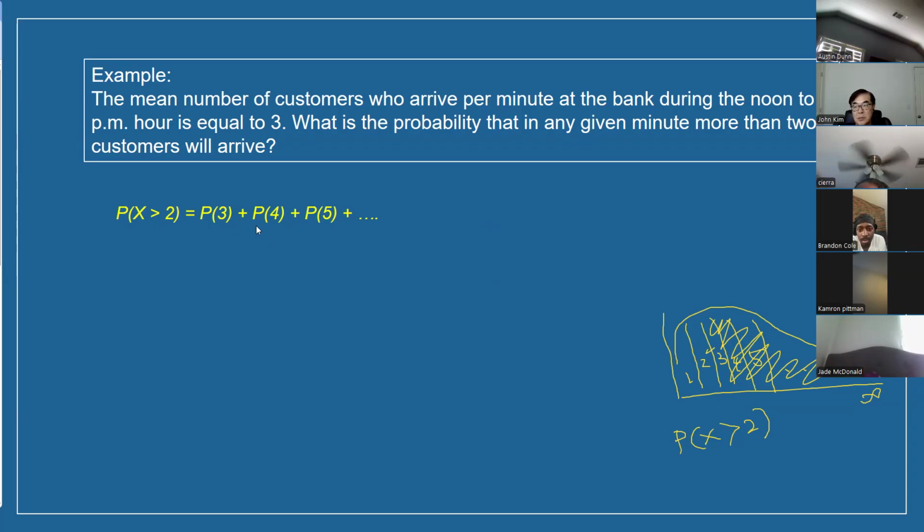So instead of this one, under any distribution, the total area is 100%. So we can use this. This is 1 minus total minus this part.